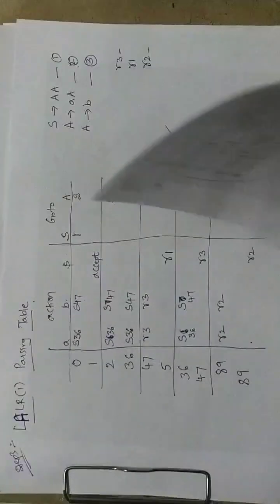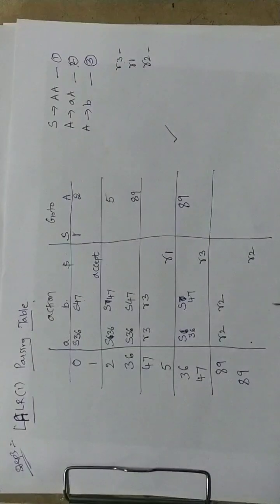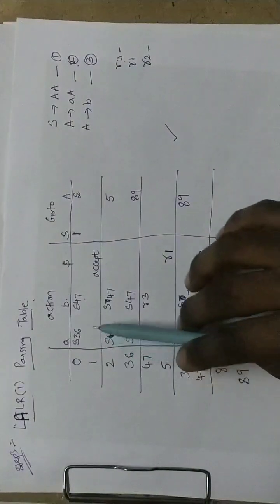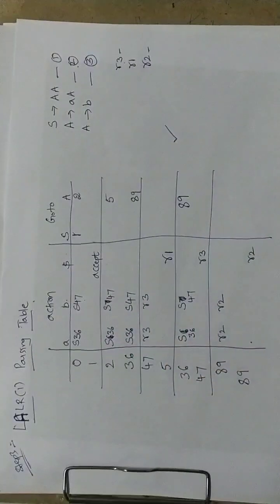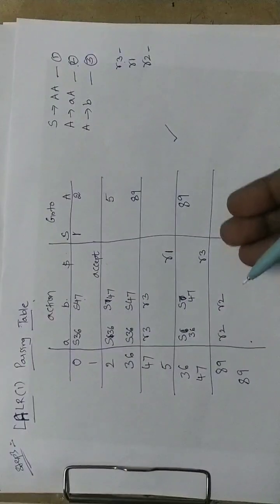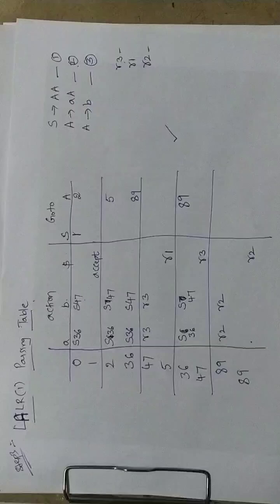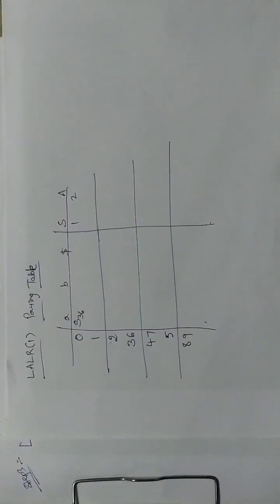Okay. Now we will see the final table of LALR1 after I change the names, after I change the numbers like this. Now how the LALR1 parsing table will look, the final output, we will see now. If you see here, I have combined the states.